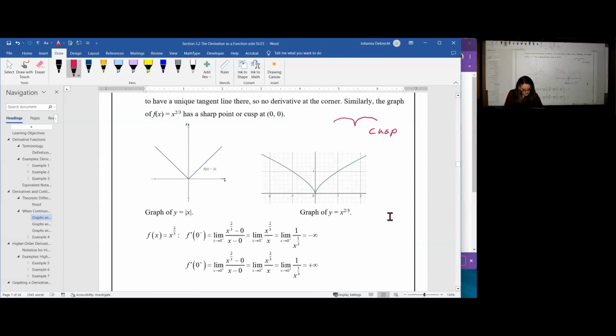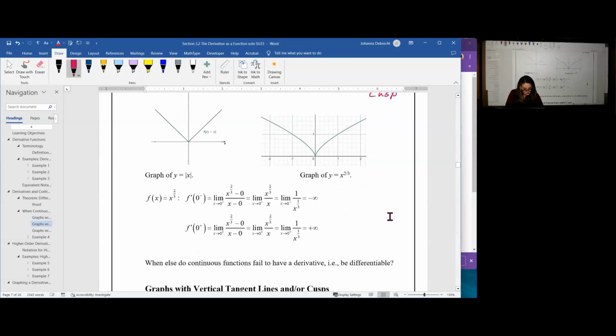Let's go ahead and take a look at the difference quotient as we approach from both directions. I want to find the derivative as I approach 0 from the right, which means I'm coming from this direction and coming down this part of the graph. I can tell that the slopes are all positive as I come from the right.